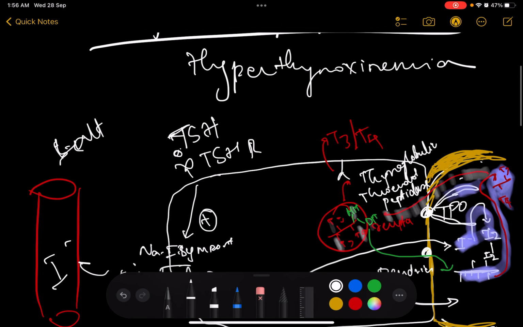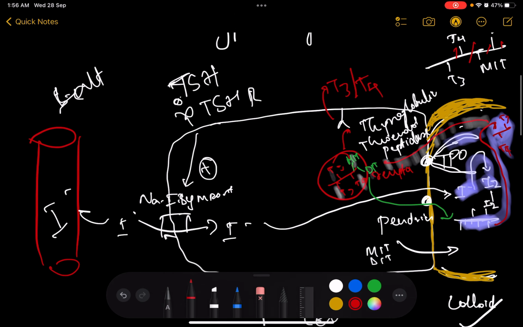For that, these lysosomes have a receptor called thyroglobulin or thiol endopeptidase. It binds to this receptor. The receptor is going to cause lysis of the thyroglobulin, having T3, T4, MIT or DIT out here. Once the lysis is done, T3 gone, T4 gone, MIT gone, DIT gone.